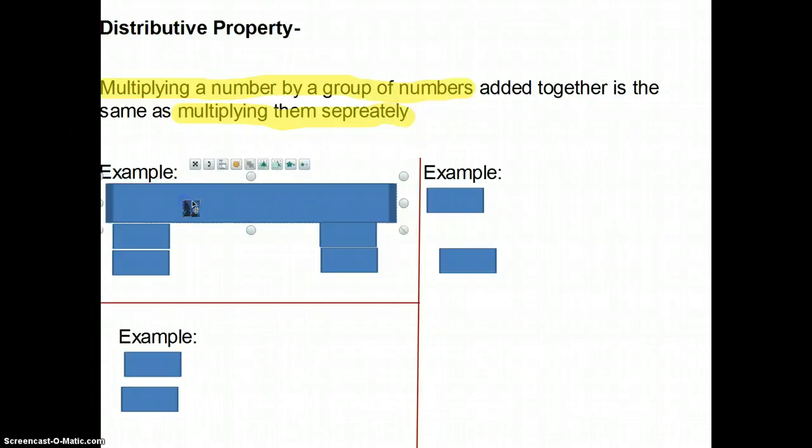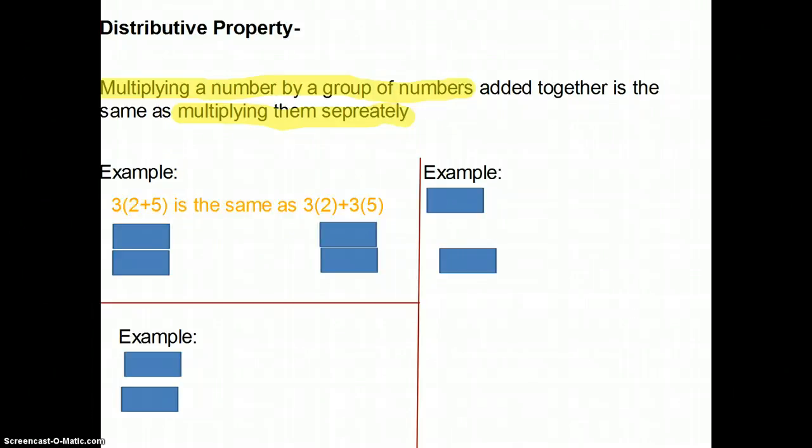So, example number 1. 3 times the quantity 2 plus 5 is the same as 3 multiplied by 2 plus 3 multiplied by 5.